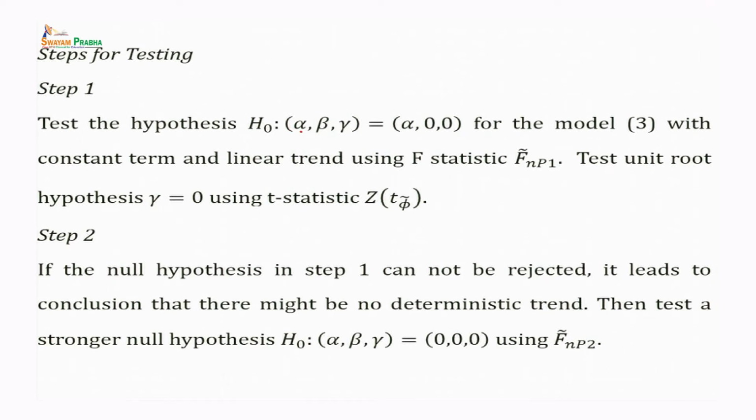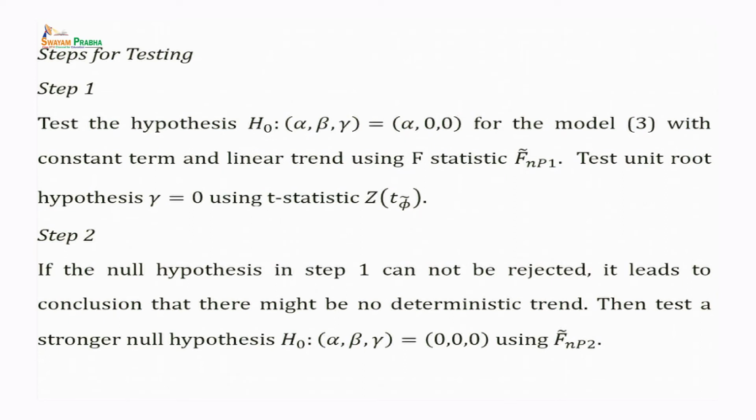Of course it has drift under both H0 and H1, and under H1 it is a stationary process. And then we use the F statistic F curl n P1, and we also test the unit root hypothesis gamma equal to 0 using the T statistic Z t phi curl.